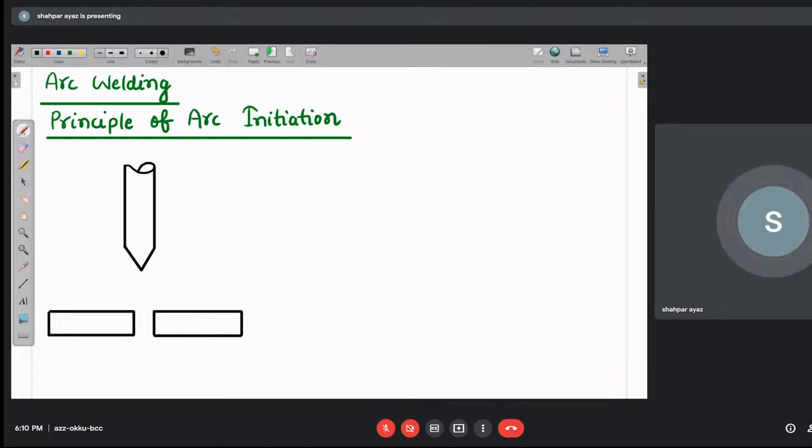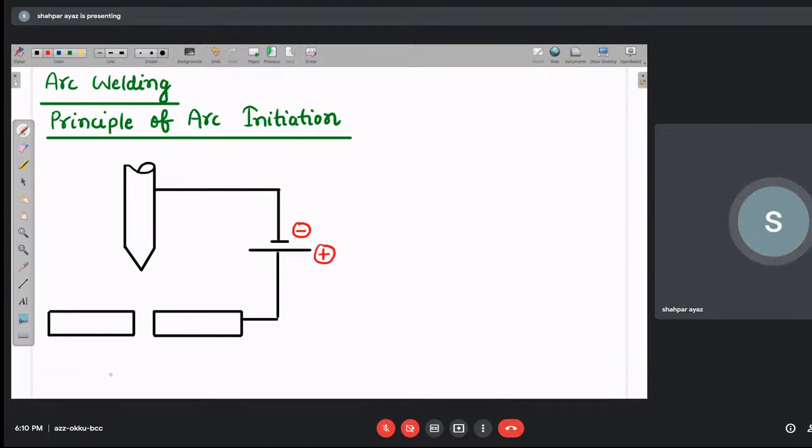This electrode is connected with a circuit. This is your negative terminal and this is your positive terminal.